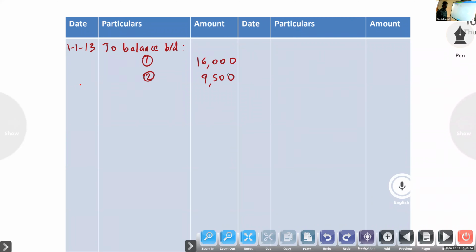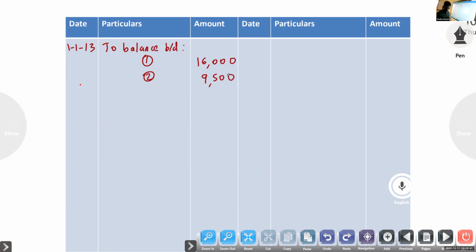So this year sale is there. Sale also there, and the same date we purchased another machinery. Sale also you look on 1st April 2013.